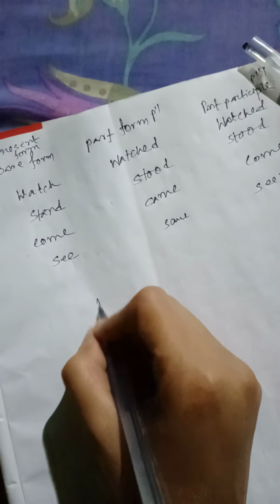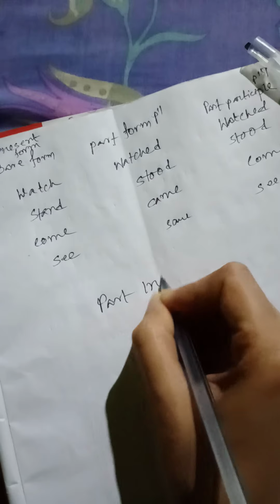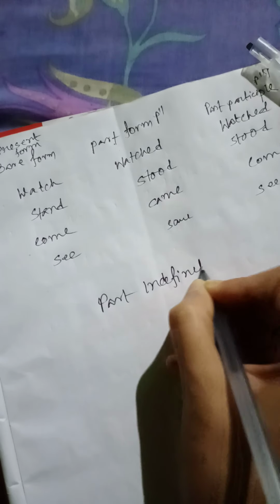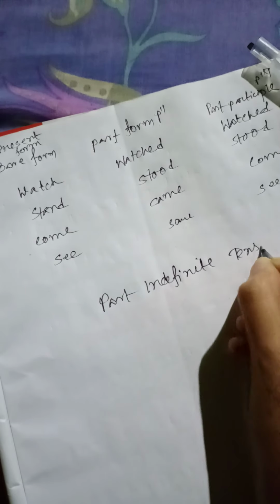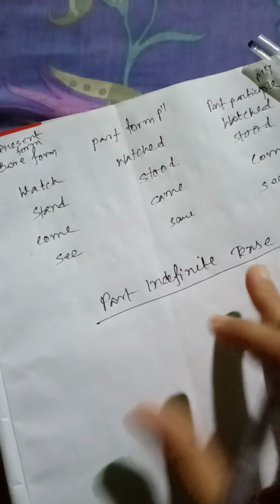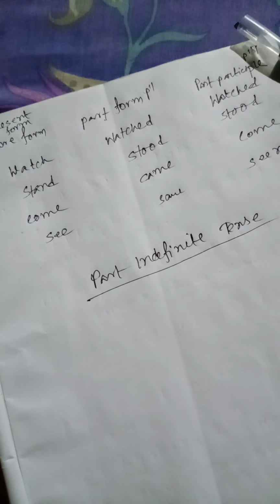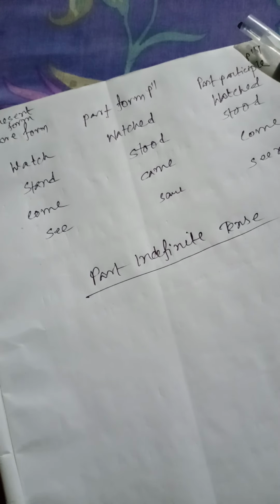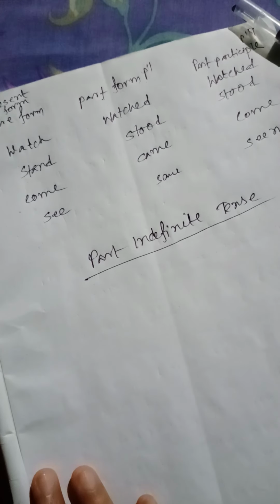Now, let's talk about past indefinite tense. Past indefinite tense indicates that the action described in a sentence has happened before and is not a current happening. Are you getting me?